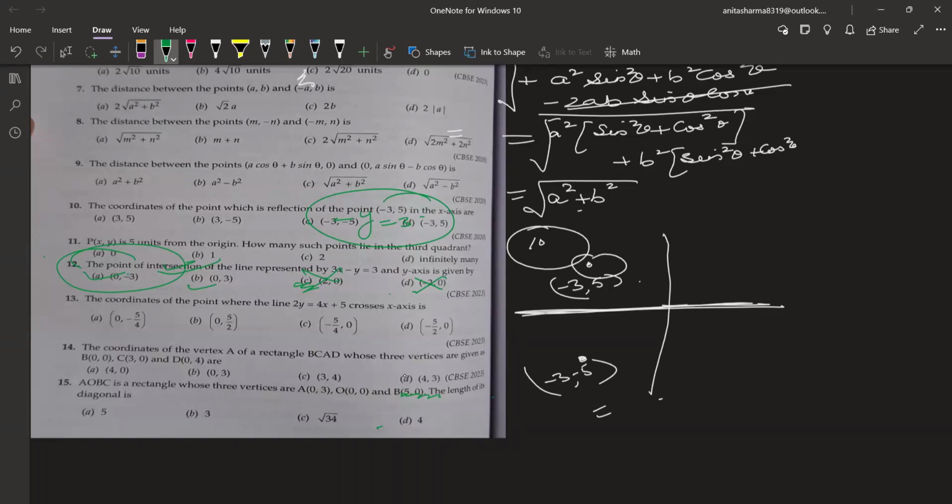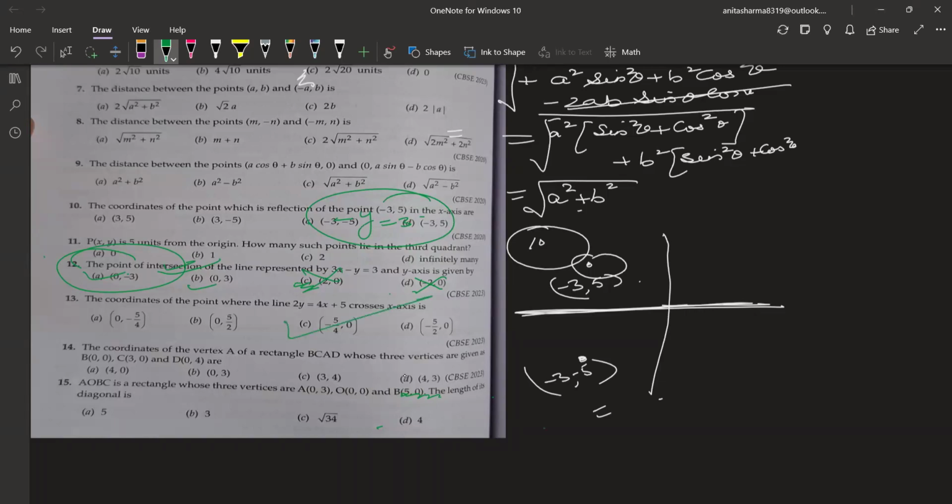Then find the value of x when y is 0. The coordinate will be minus 5 by 4 comma 0, right? Option C. Yes, ma'am. Now proceed to the next question.